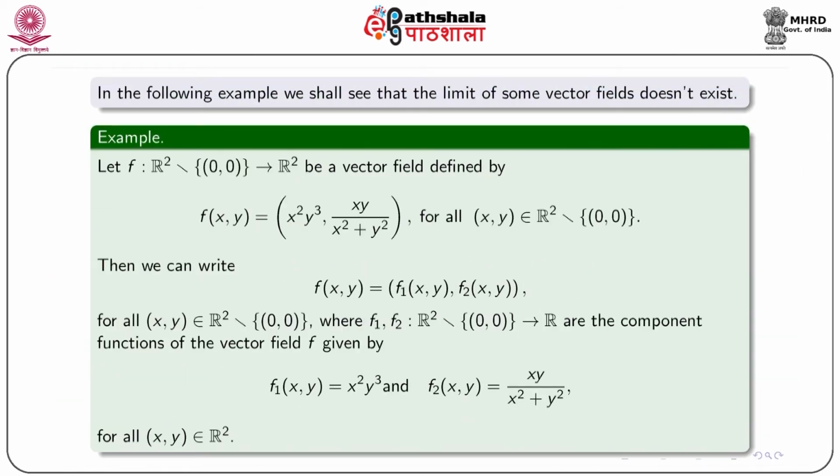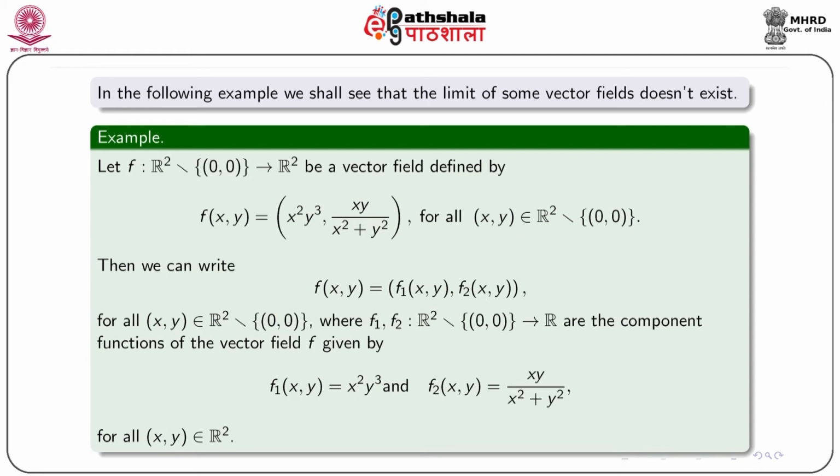In the following example, we shall see that it may also happen that the limit does not exist. Let f be a vector field defined on the set R^2 minus the origin, and the codomain is also R^2, defined by f(x,y) equal to the ordered pair (x squared y cubed, xy by x squared plus y squared).